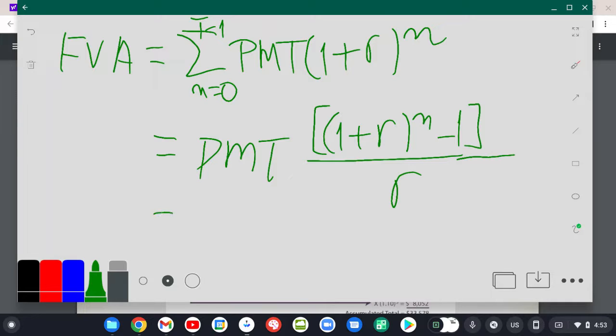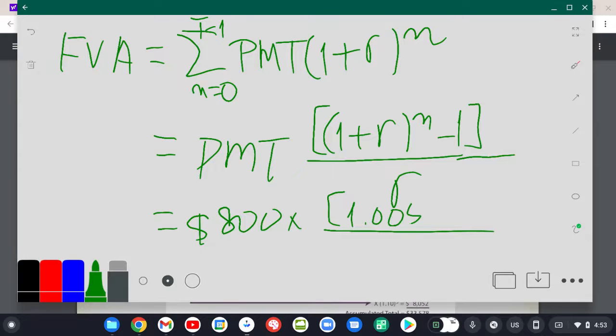So in our example, we'll be doing 800 times, 1.005 raised to 60, since there are actually 60 terms, minus 1, over 0.005.